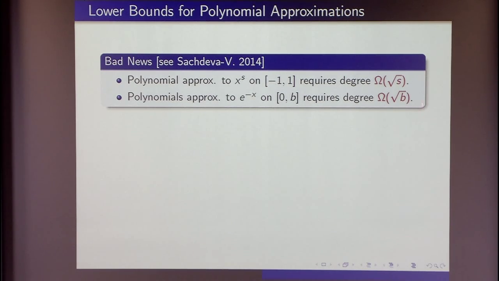But that aside, you can show that you can't improve on these square roots. I'll give you two illustrative examples that this monomial bound that I showed you can't be improved beyond square root s. And if you wanted to approximate the exponential on 0 to b, then you can't get better than root b.